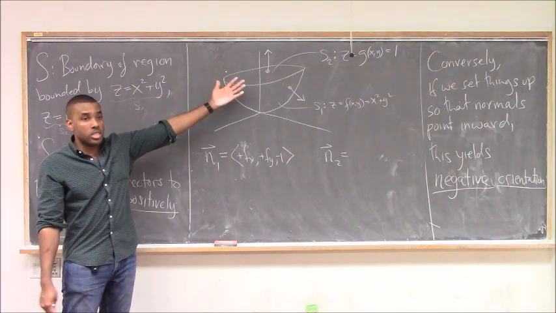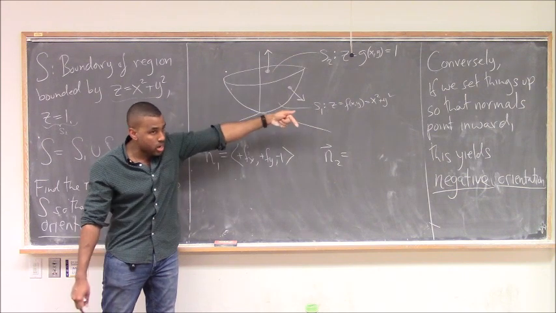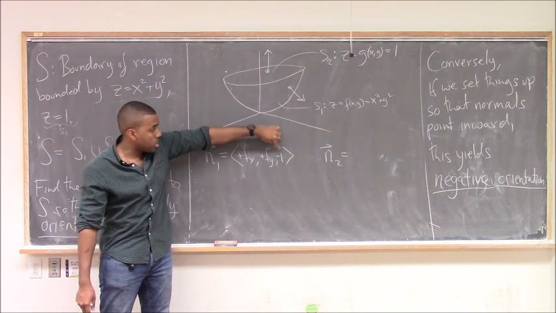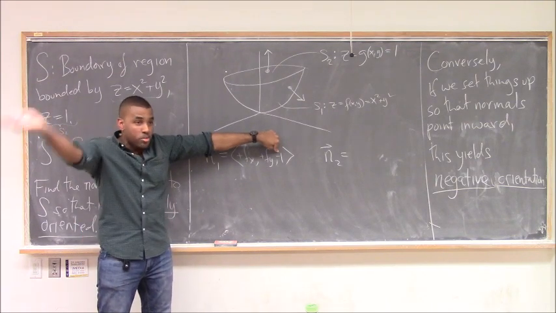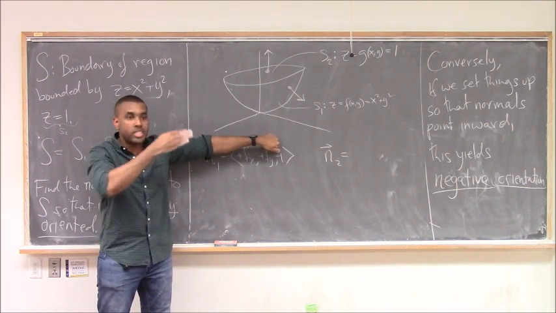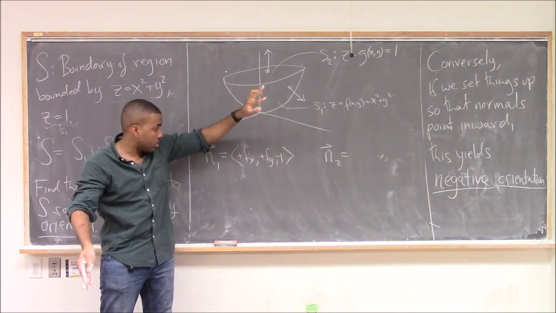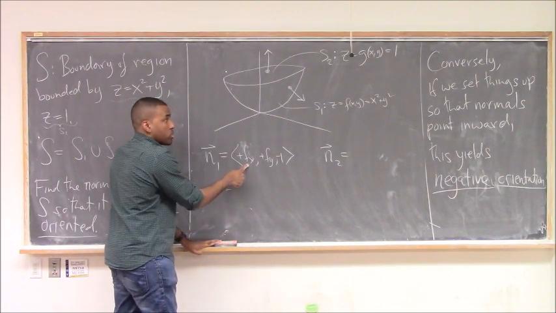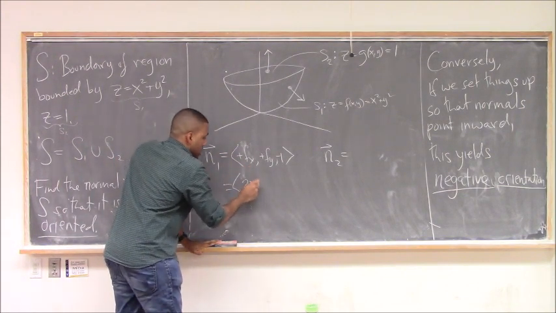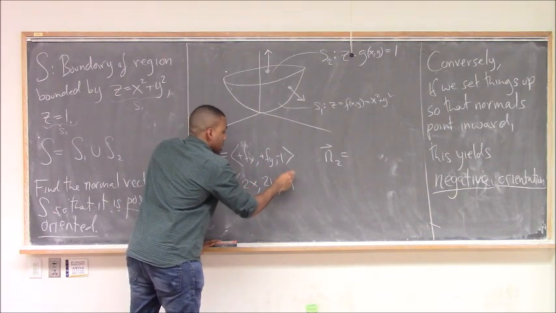So me saying it's positively oriented, meaning on S1, my normal vector should be pointing down. So I'm going to use the formula where the z component is negative. Right? So if you memorize the formula where the z component is positive, just take the negative of that vector. You'll literally get the guy that's pointing in the opposite direction. And so that would be my formula. And so this would be the positive partial with respect to x, the positive partial with respect to y, and a negative one.